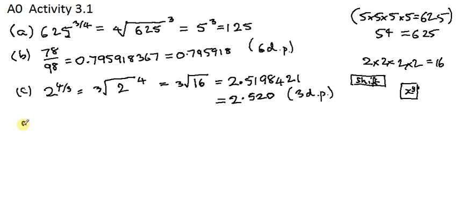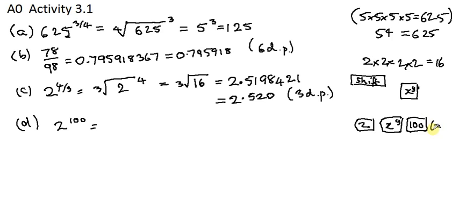And finally, part D, we have 2 to the power 100. That's a straightforward application of your x to the y button. You're going to type 2 on your calculator, and then x to the power y, and then 100, and then equals. That's what I do on my calculator.